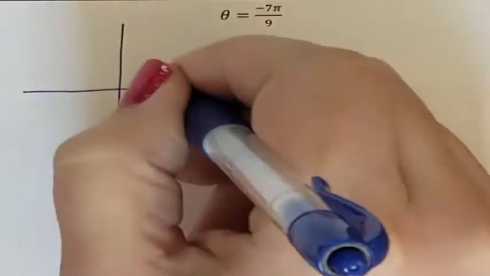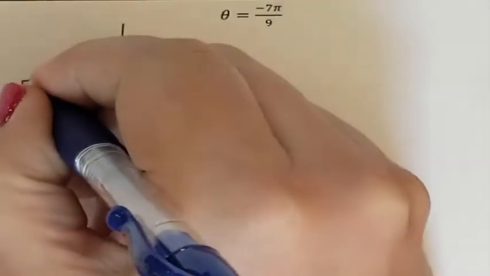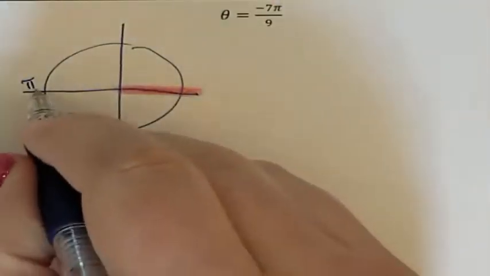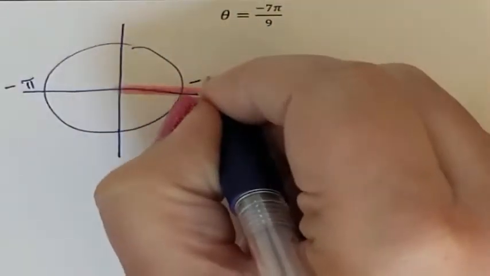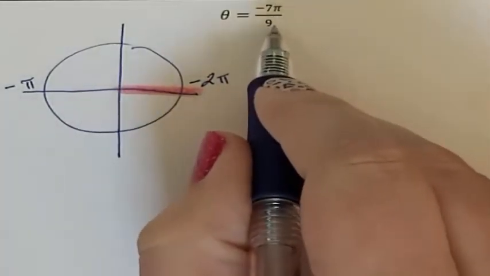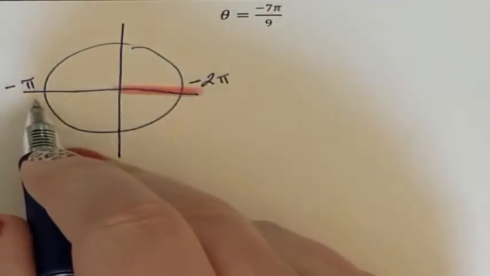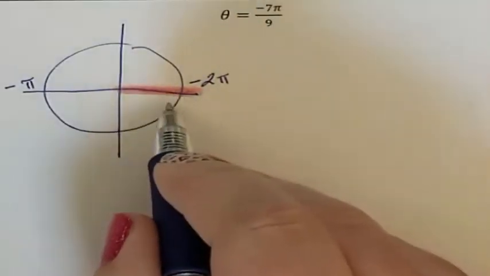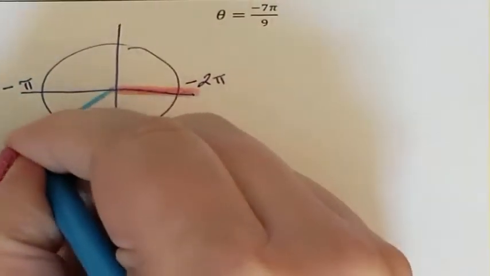Negative 7 pi over 9. So here is my unit circle. We're supposed to start right here. I know that this is going to be a full negative pi rotation. And if you go all the way around again, this is going to be a negative 2 pi rotation. This number right here is very close to a whole negative pi. It's 2 ninths away from the whole negative pi. So we know that we are going to be about right here.